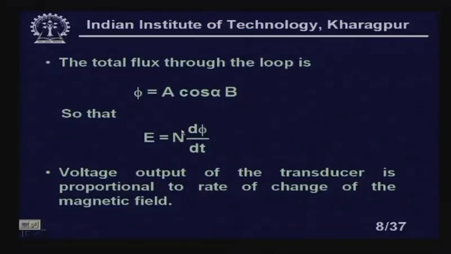So there is no change of flux, no variation of the flux with respect to time. So the output voltage will be 0.